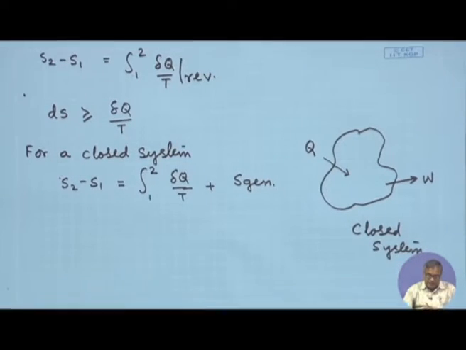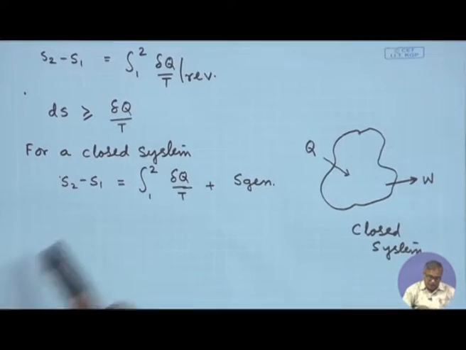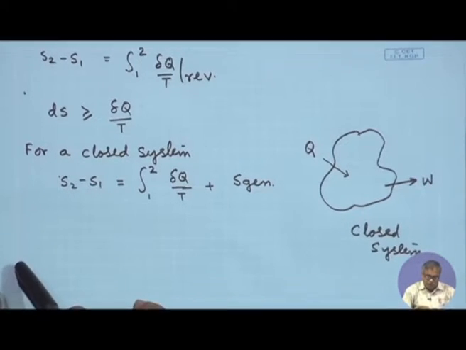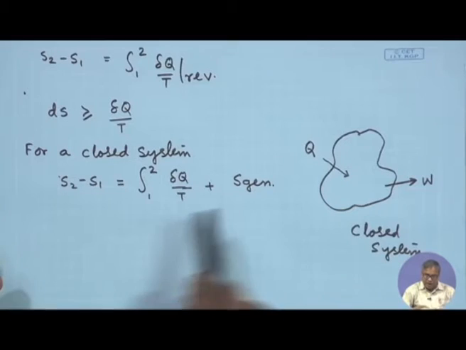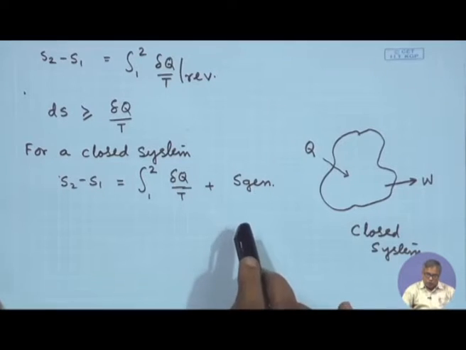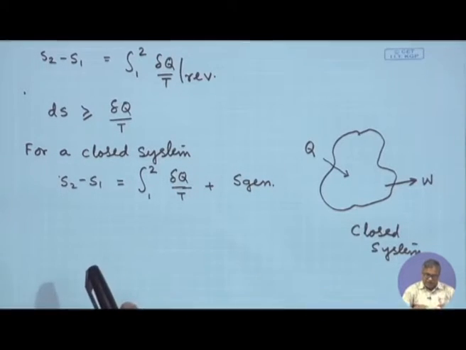It is like this: the process we are considering is a general process, that means it need not be reversible; it could be either a reversible or an irreversible process. If it is irreversible, apart from the change of property in going from one point to another, there could be some generation of entropy. So, in the most generalized case, considering both reversible and irreversible processes, there will be a term called S gen.